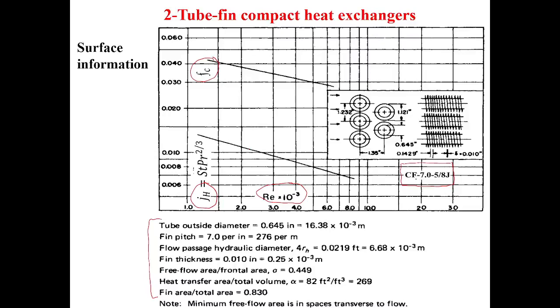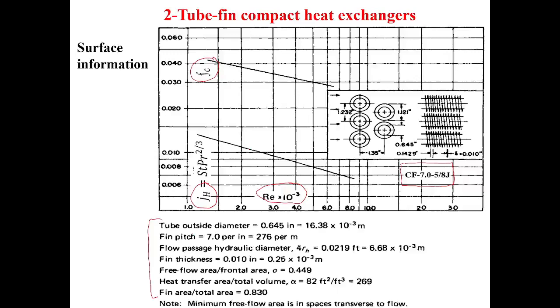For example, the fin diameter, the outside diameter of the tube, the fin thickness and the fin material, and the fin area divided by the total area are also given. Here the tube outside diameter is given, the fin pitch.